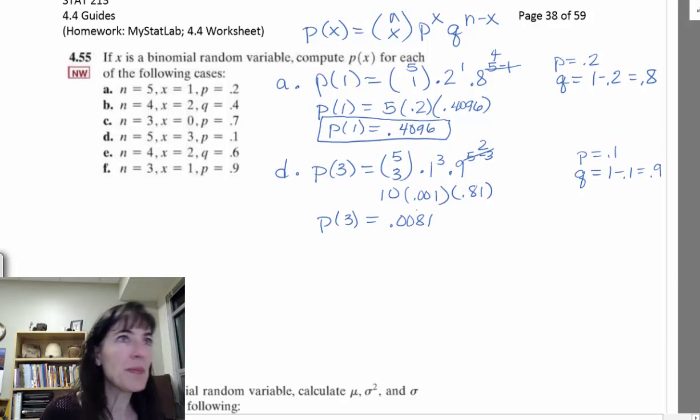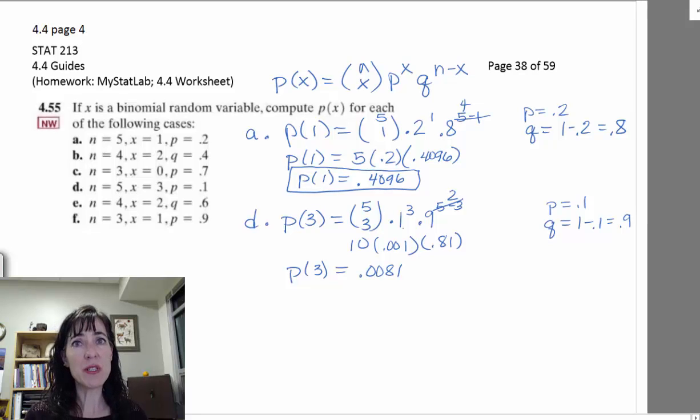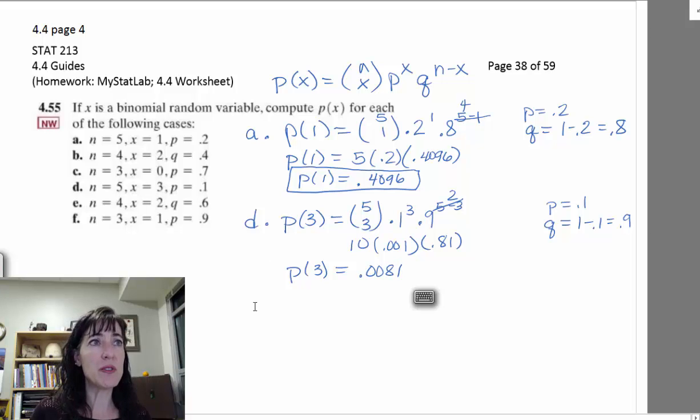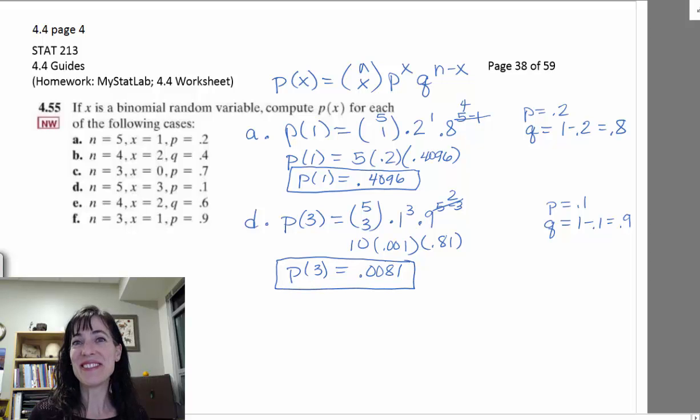Pretty sure. Yes, so the probability for this experiment, the probability of exactly 3 successes out of 5 trials is going to be 0.0081. And remember, probabilities range from 0 to 1. And this is very close to 0, so it's very, very unlikely.